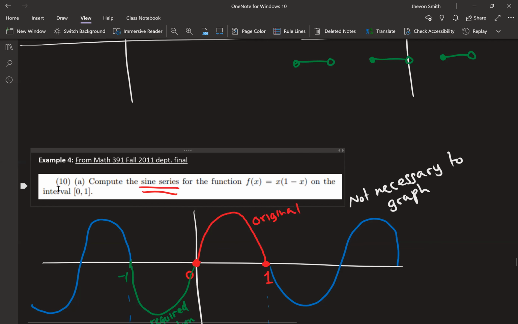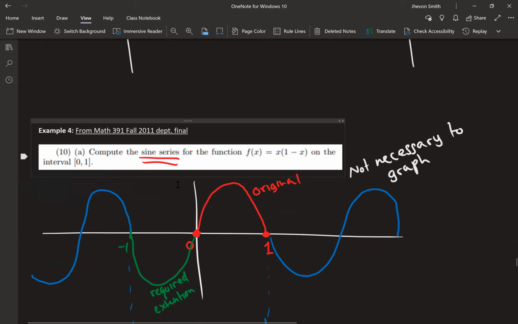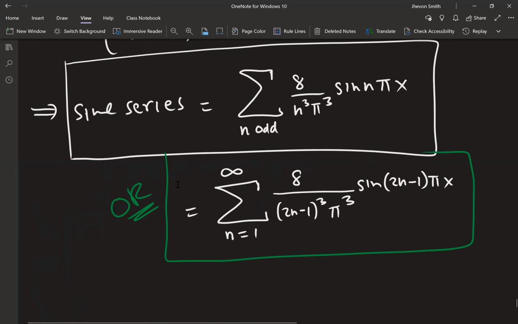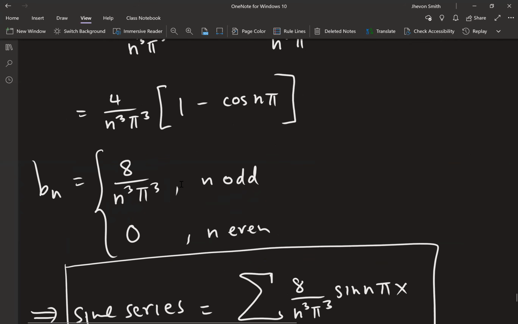It's actually part A of the problem that we're currently looking at. We went through and solved it and got the answer. In fact, the part of the answer that we care about is this part, the Bn.